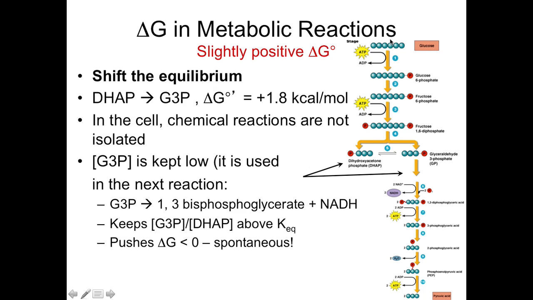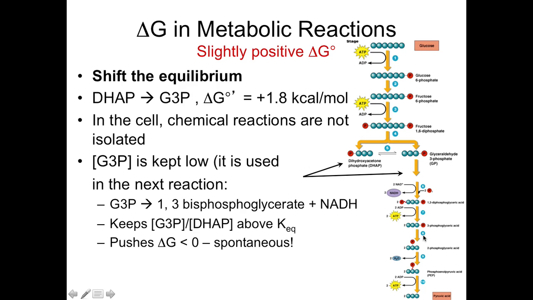On the other hand, you have glucose that is continuously being split into DHAP and glyceraldehyde 3-phosphate. So your concentration of DHAP is continuously increasing as glucose is split, while the concentration of G3P is continuously decreasing as it moves down the glycolytic pathway. So instead of this being a non-spontaneous reaction, it becomes spontaneous because of the concentration effects of DHAP concentration increasing while G3P concentration decreases.